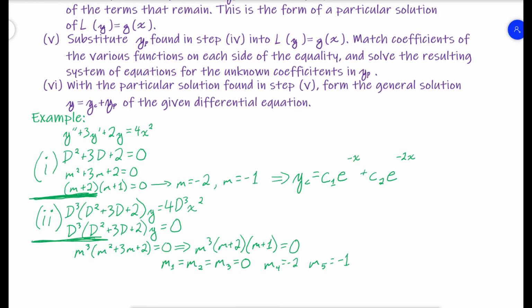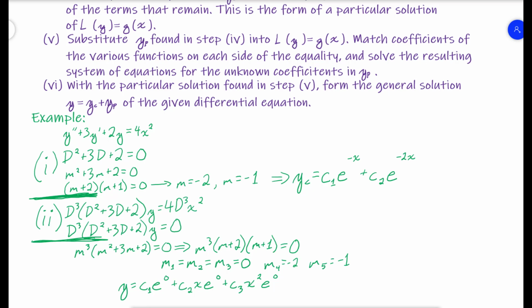So with my repeated roots and my two other roots, I'm going to end up with a solution that looks like y equals c1 e to the 0 plus c2 x e to the 0 plus c3 x squared e to the 0. That deals with my repeated roots.